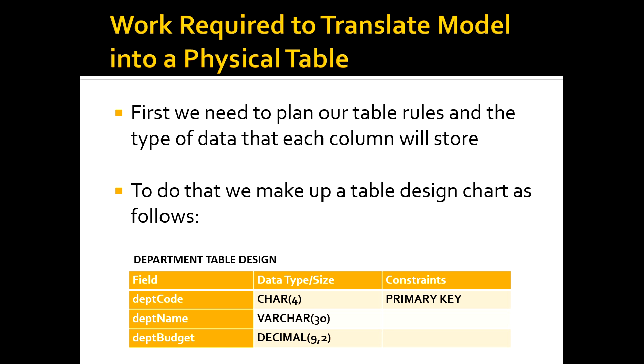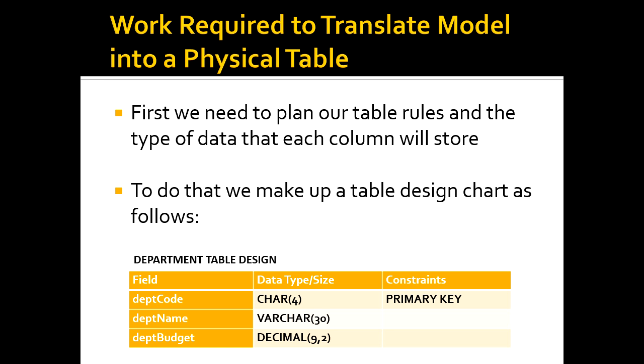Okay. So, in terms of the size, before I go on, we talked about because the department code was always 4 characters, good candidate to be something like this, a char 4. 4 being the size in terms of the literal number of characters. The name, varchar 30, allowing up to 30 characters. Doesn't have to be, okay, but it means we have room for that if we need to.